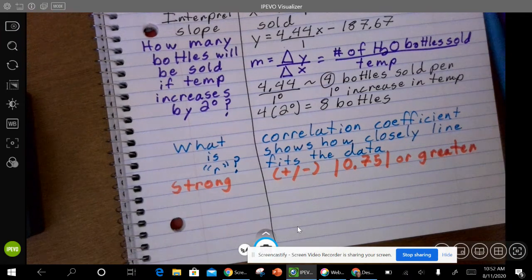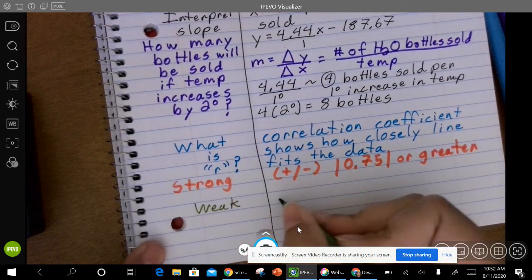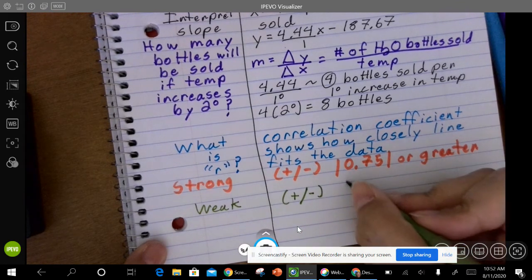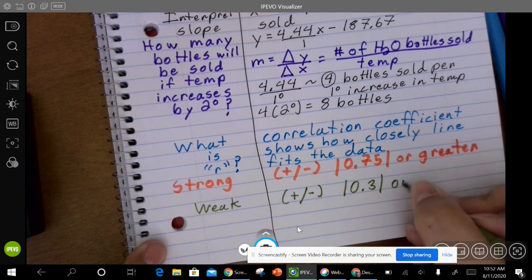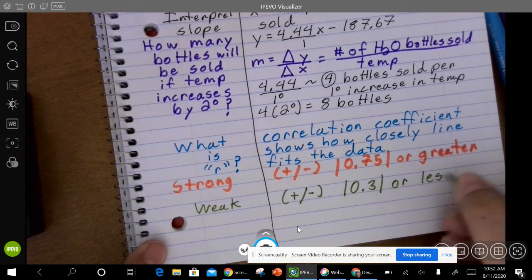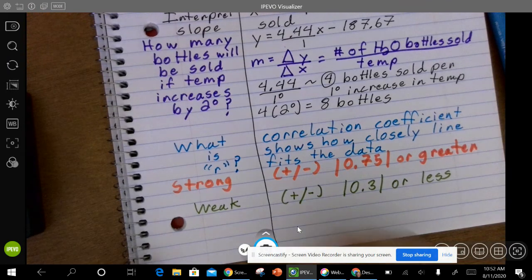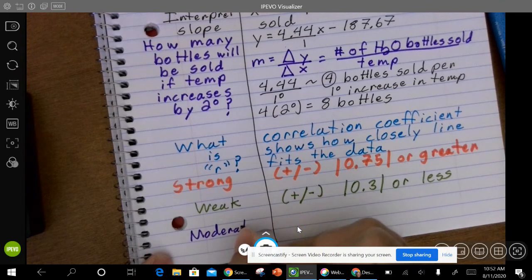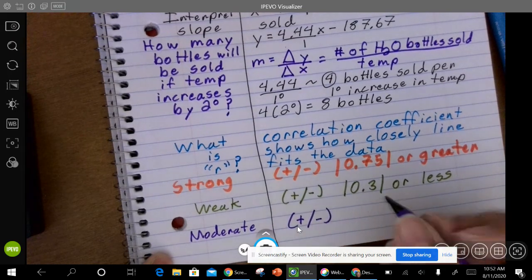If it's weak, again, it can be positive or negative, and it's going to be the absolute value of 3/10 or less. And then moderate is going to be all the other positive and negative values.